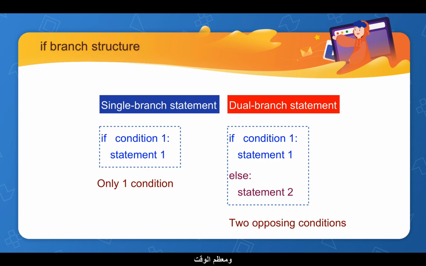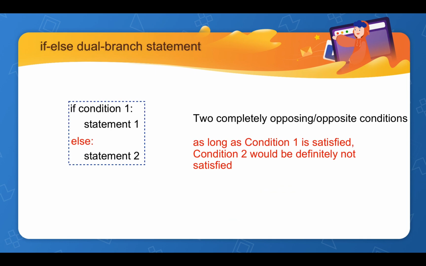And most of the time, we will apply a dual branch statement, which includes if and else with two opposing conditions. As long as condition 1 is satisfied, condition 2 will definitely not be satisfied.